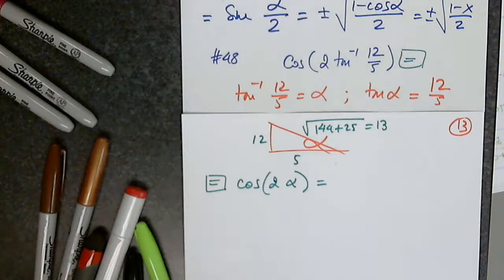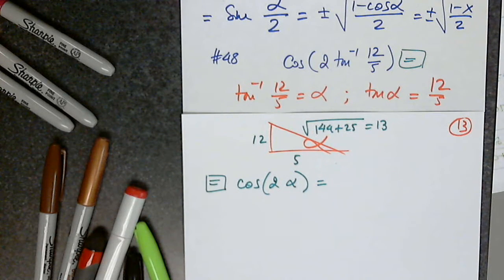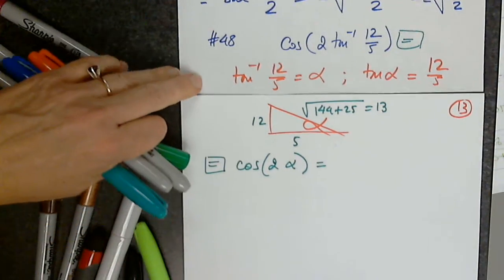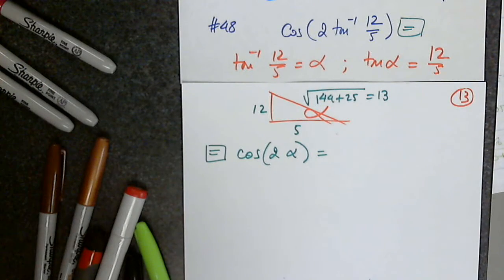Now I have to decide which formula to use because cosine twice alpha has 3. It doesn't matter which one you use. But I prefer using the one with only either sine or cosine so I don't have to plug in 2 different things, and I only plug in 1. You want 2 cosine squared minus 1 or you want 1 minus 2 sine squared?